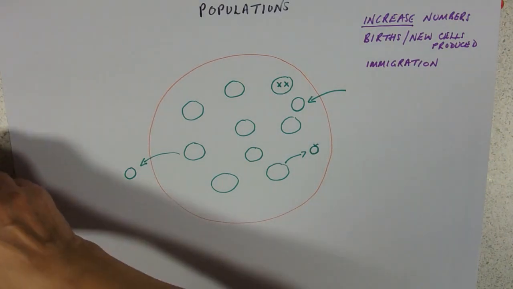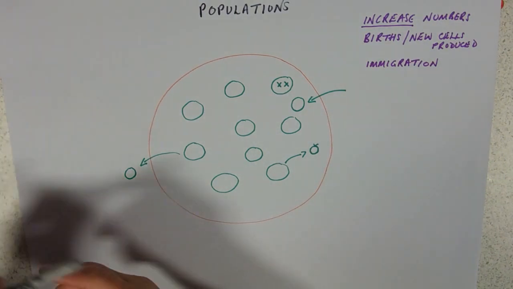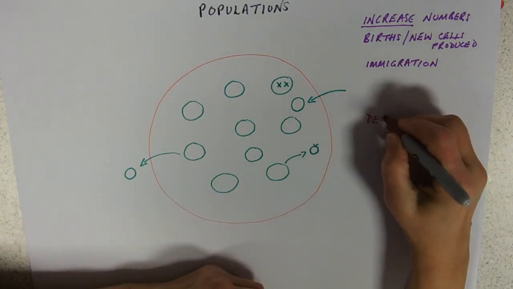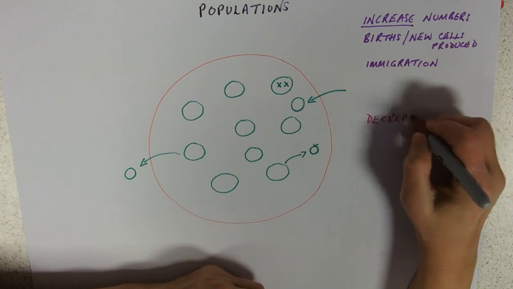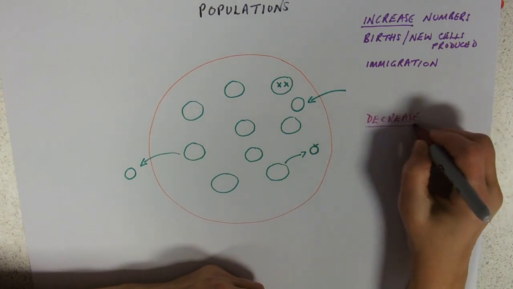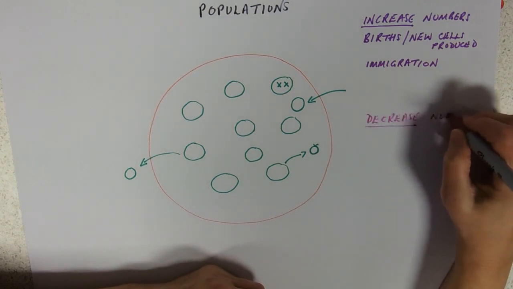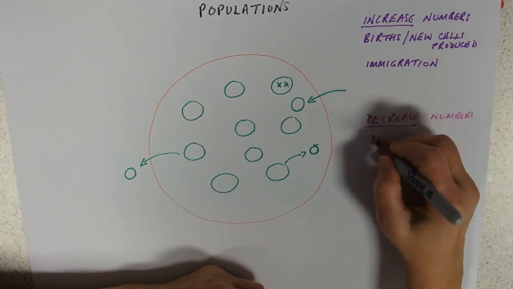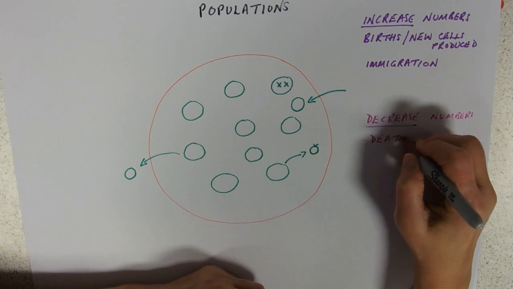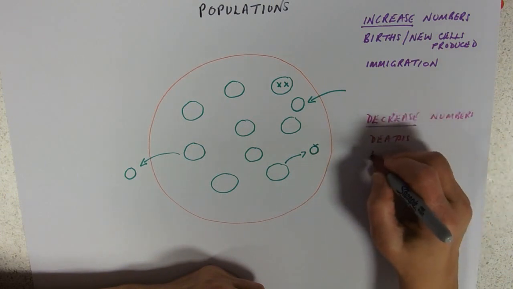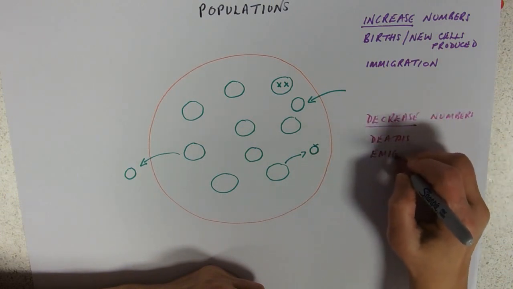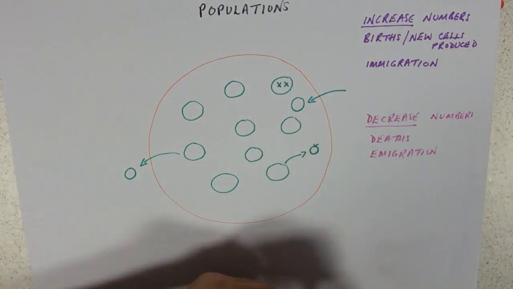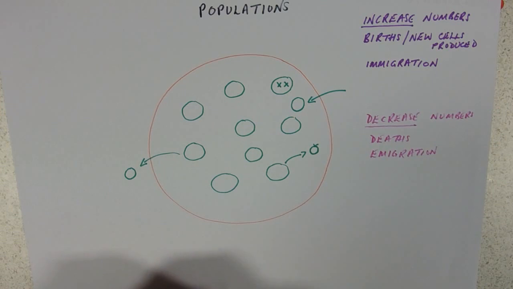Things that cause a decrease in population, obviously we've got deaths and we've got emigration. And we can pop that into a little formula, can't we?